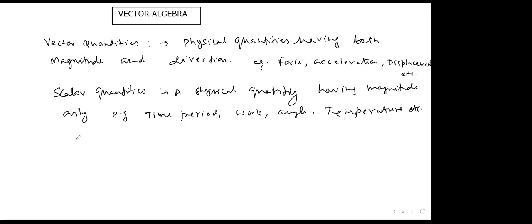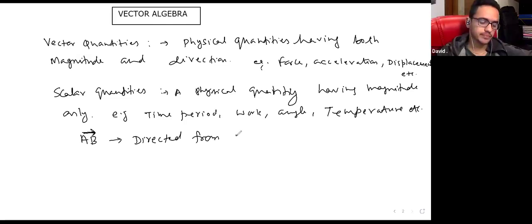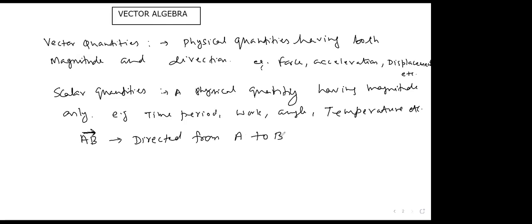So how do we denote a vector? If we write AB vector, this arrow shows that we are representing AB as a vector directed from A to B. So the direction of the vector is from A to B. And we know that every measurement is taken from the origin.